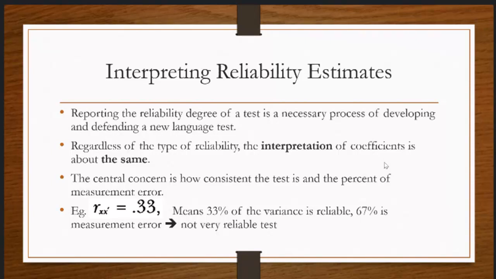So I have an example here. We got the number 0.33, which means that 33% of variance is reliable. With a small calculation, we can conclude that 67% is measurement error. So we can conclude that this test is not really reliable.